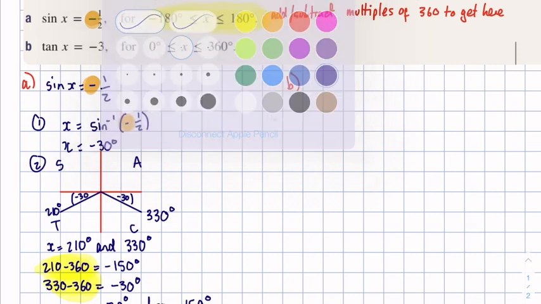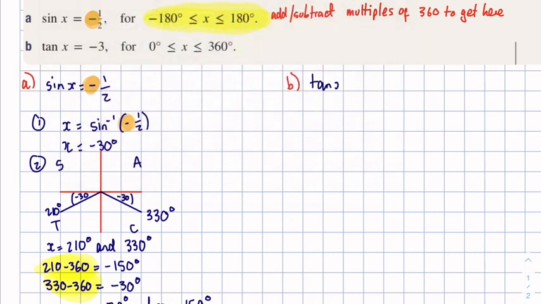Okay, so the next one, we've got tan x equals -3. So first step, x equals arctan -3. So x equals -71.57 degrees. Let's draw this.